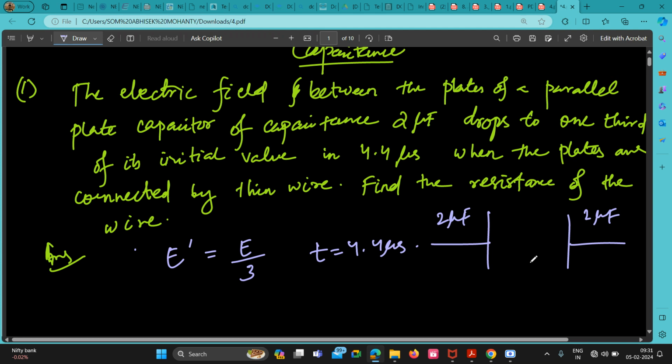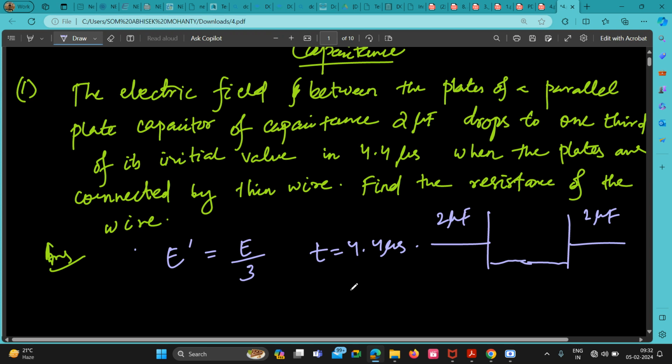If I connect the plates by thin wire, the electric field reduces to 1 by 3 of its original value. Find the resistance of the wire. That is the question. This is not a direct one; for this, you need to know the formula of electric field.